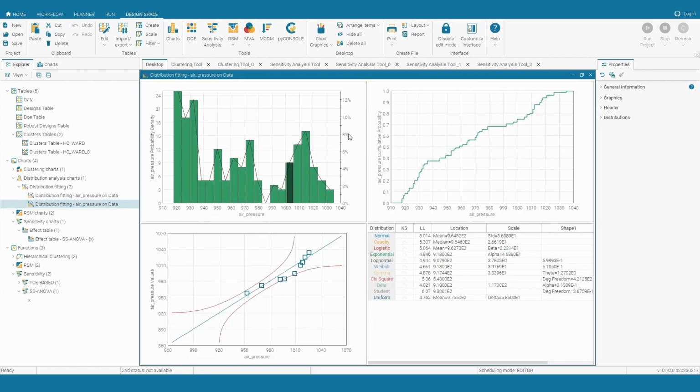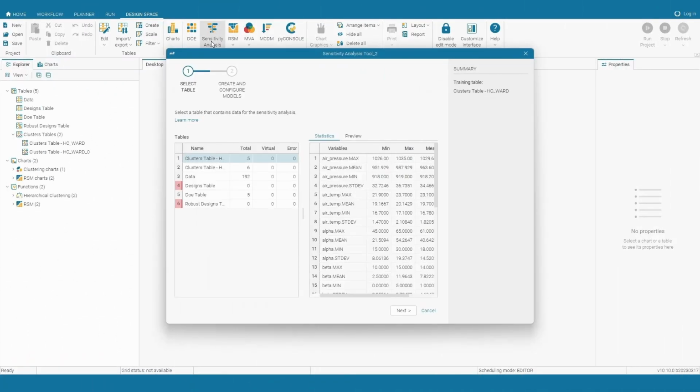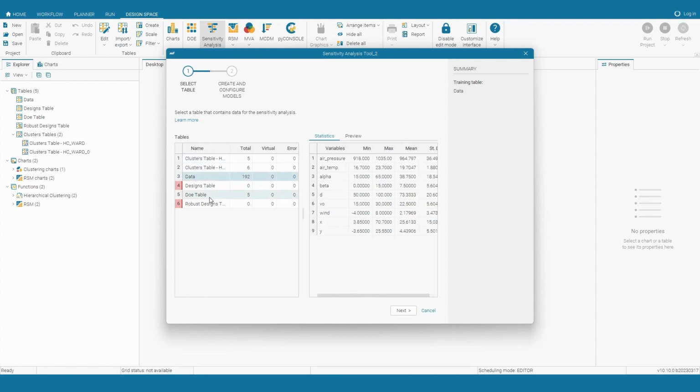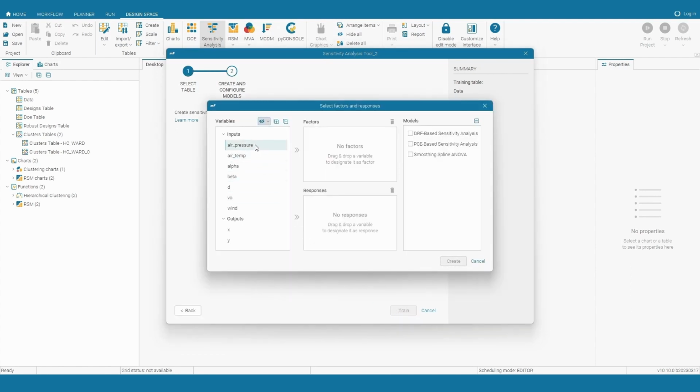I would like to mention two design space tools in this context, the sensitivity analysis and the clustering tool. The sensitivity analysis is a very effective tool that lets you understand the relationships between the design inputs and the responses that you collect from your solver, typically in the workflow.